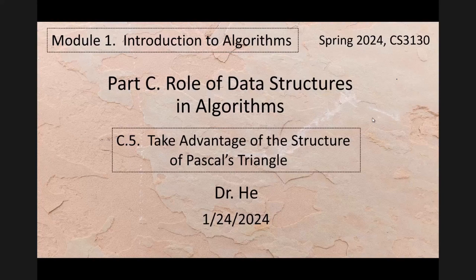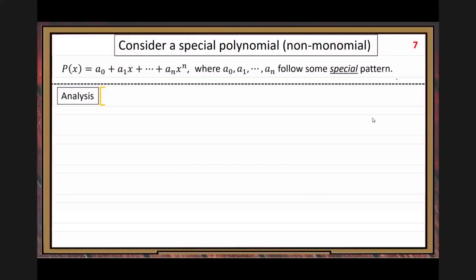So let me explain this Pascal's triangle. For this topic, we want to consider a special polynomial, a non-monomial. In the previous two topics, we only considered monomials.